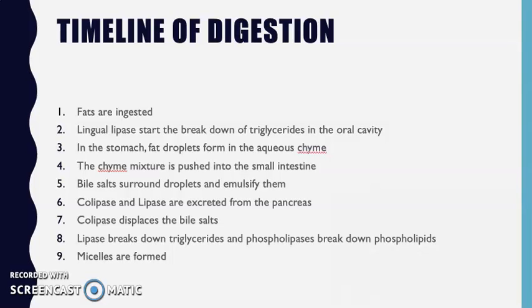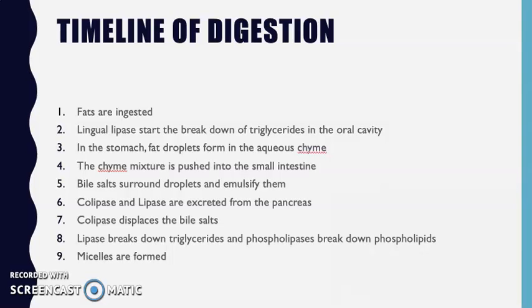Bile salts then surround the droplets and emulsify them. This happens because bile salts are amphipathic and allow for interaction between water and phospholipids. They form smaller, more stable fat particles and increase the surface area of fat available to the enzymes, making the digestion more efficient.